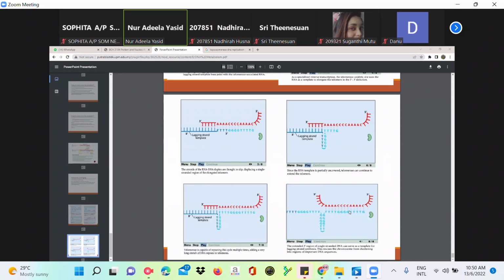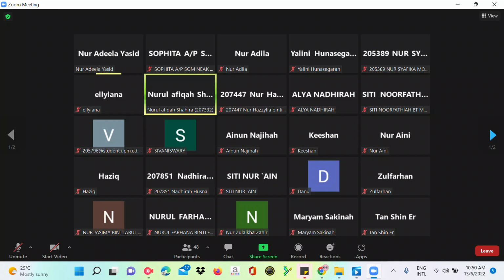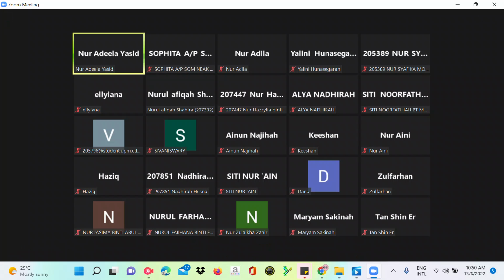Before we continue with RNA metabolism next Wednesday, ada soalan? For now, it's okay. Lain-lain? You all jangan keluar lagi. Saya nak snap for attendance. Tak ada doktor.